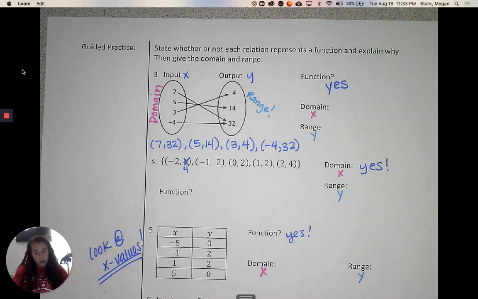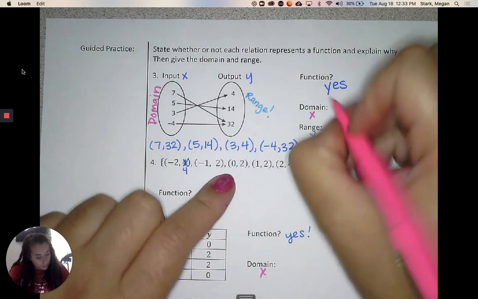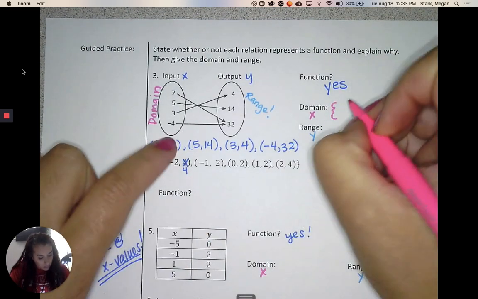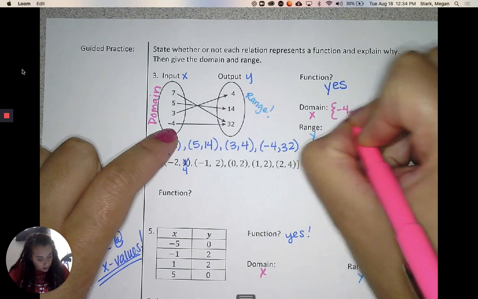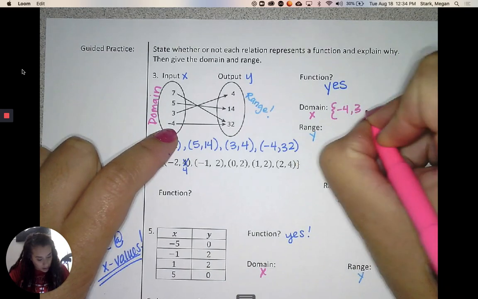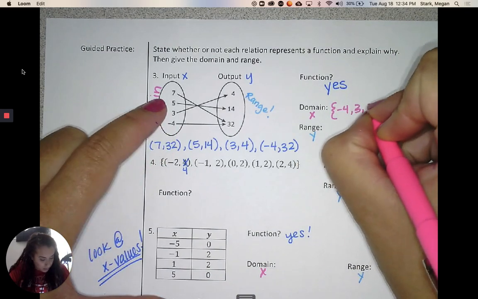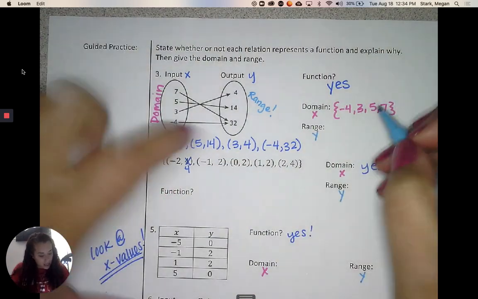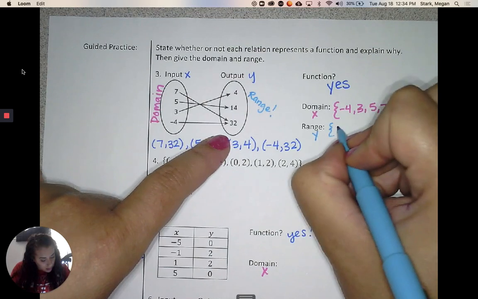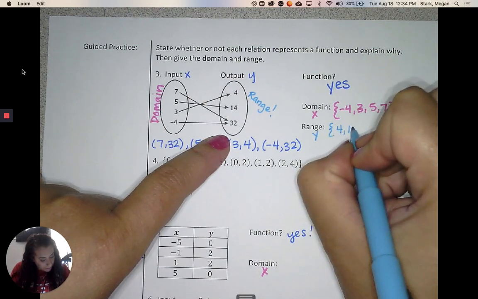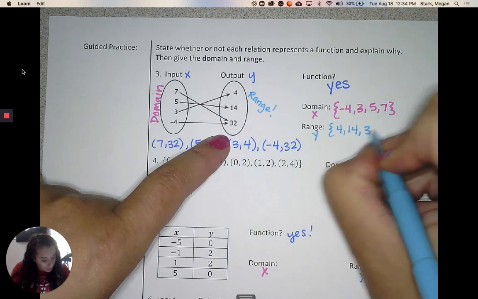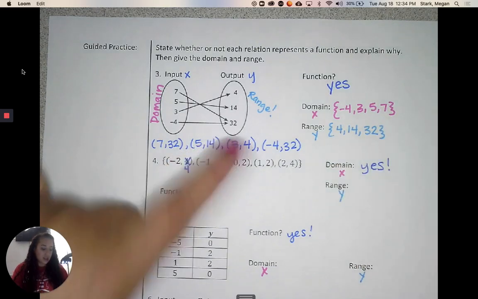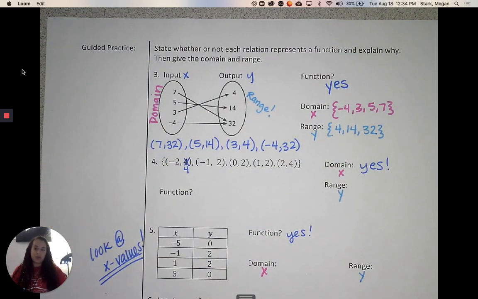So, our domain, -4, 3, 5, 7, which means our range, 4, 14, 32.